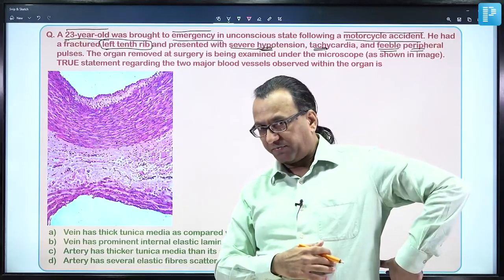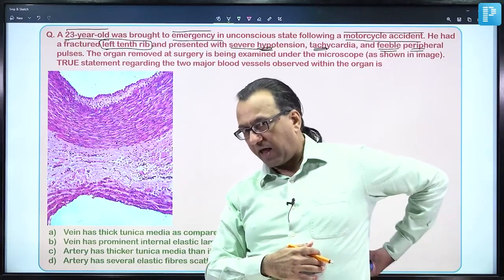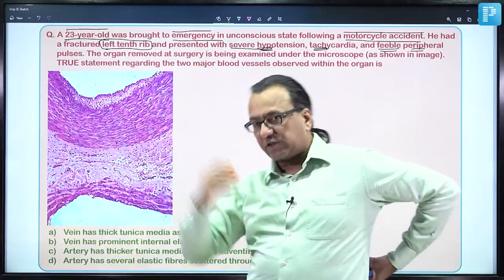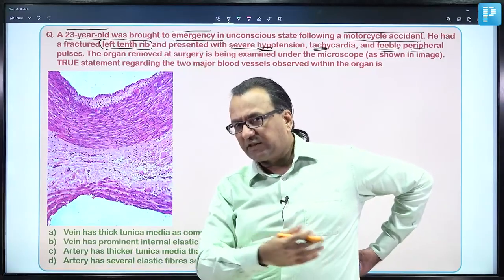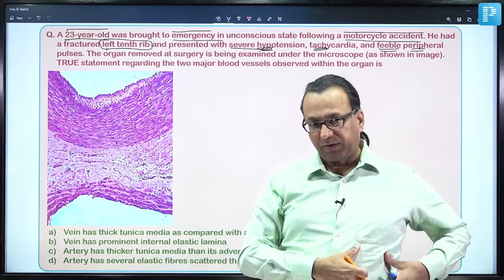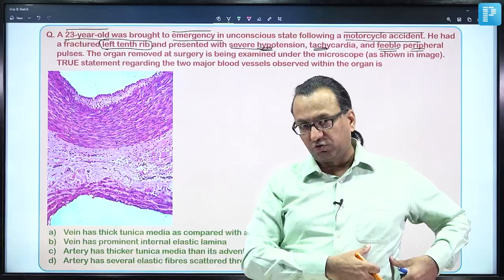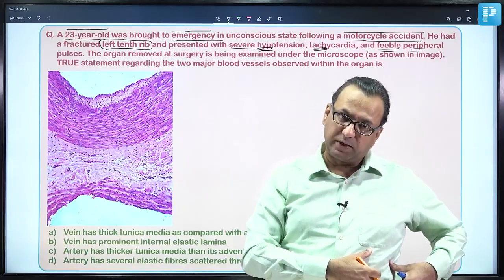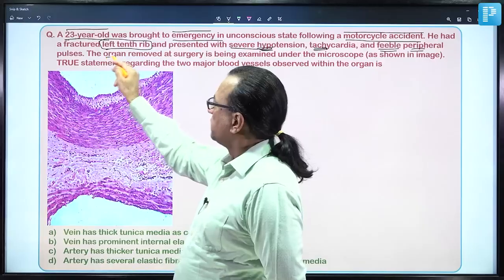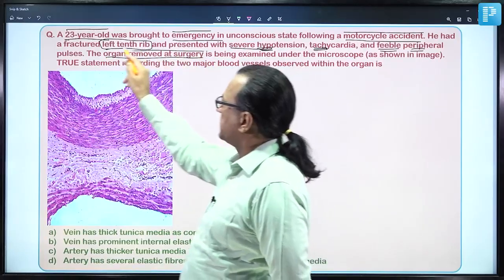Left-sided 10th rib, the long axis of spleen, 9, 10, 11th rib. So in this road traffic accident, there is a splenic rupture leading to massive bleeding, and once diagnosed, you are supposed to open up the patient, and in many cases, you might have to do splenectomy due to extensive damage. Anyhow, the organ has been removed and is being examined.